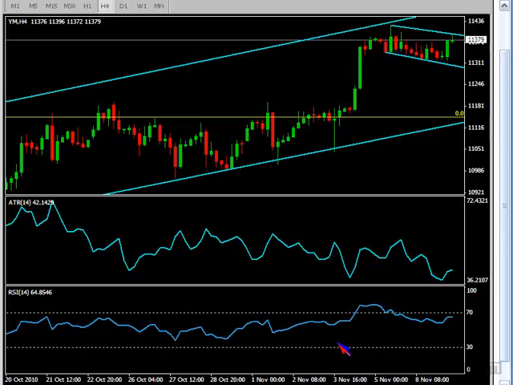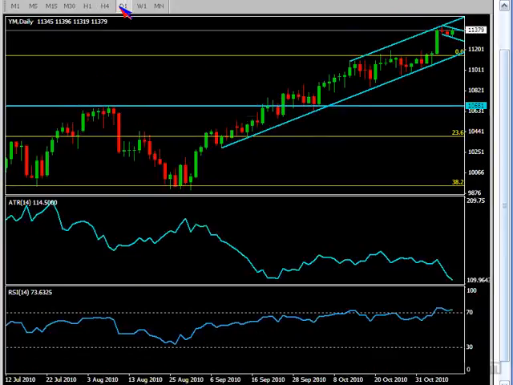I would not necessarily wait for the RSI to be above 70 before indicating the trend, because we can see on a daily chart, drawing the uptrending support line, we started that support line going back to September 8th of this year. The RSI did not cross above 70 until October 12th. And then again, the RSI did not cross above 70 until November 4th.